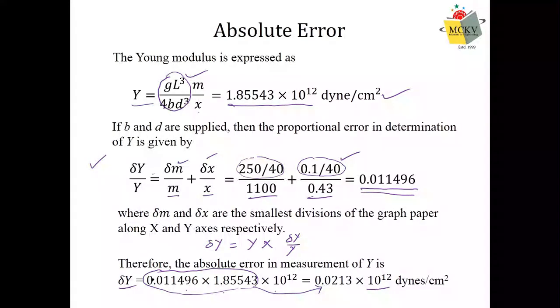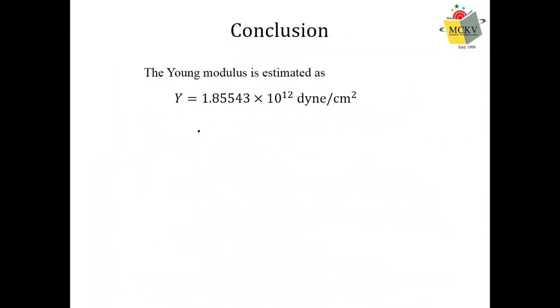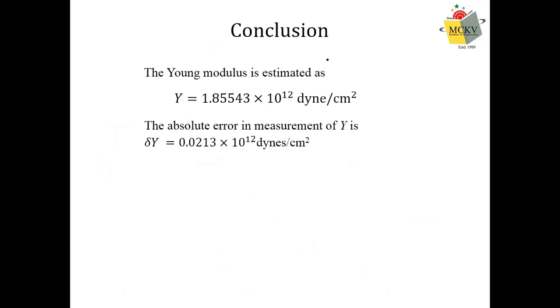So this is our delta y. Now, if I just write it, y is this and the absolute error in measurement of y is this. If we add delta y to y or subtract delta y from y, which digit will change first? The digit before the decimal point will not be affected because you are adding 0 to it. The first digit after the decimal, which is 8, will not be affected because again you are adding 0 to it.